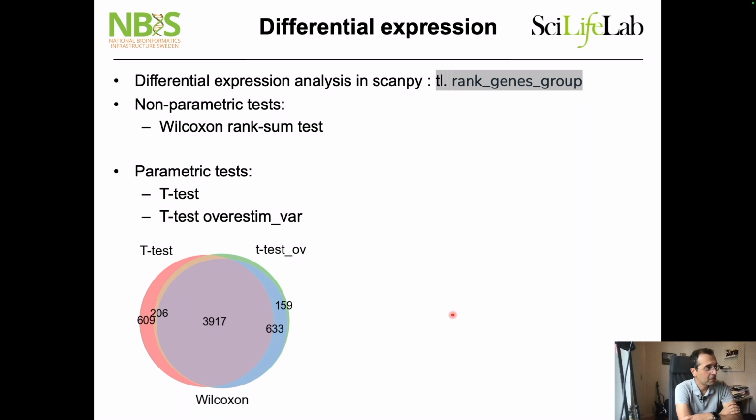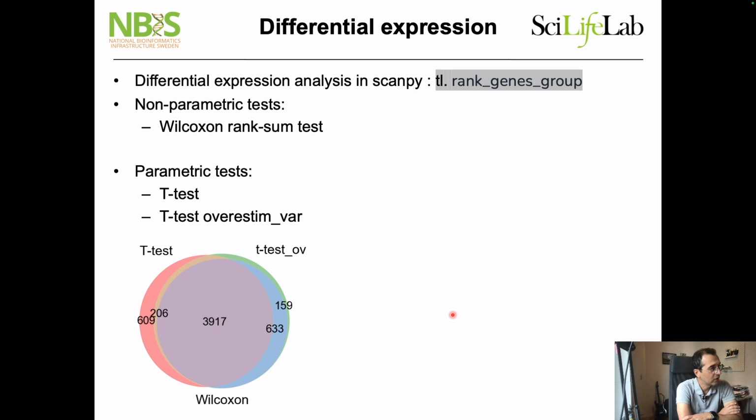There are different statistical methods. One is non-parametric tests, and you use the Wilcoxon rank sum test, for example. Parametric tests are t-tests or t-test over estimation variance, which can be useful when you have a large variation in your data set.